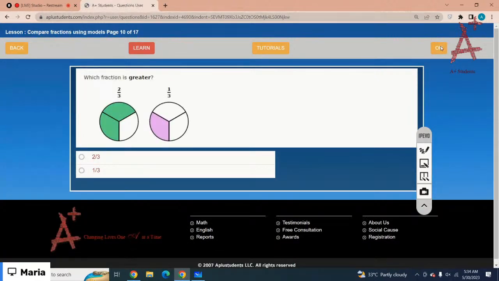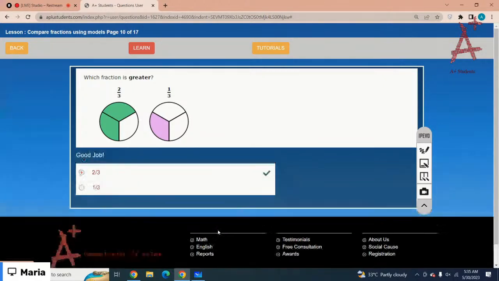Here, which is greater? 2 by 3, 1 by 3? Yes, 2 by 3 is greater. Okay, you can complete the test by yourself later today.